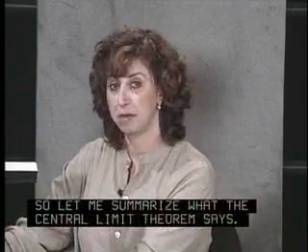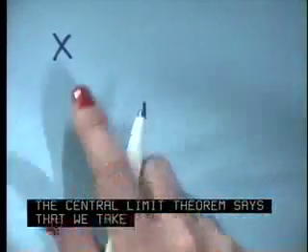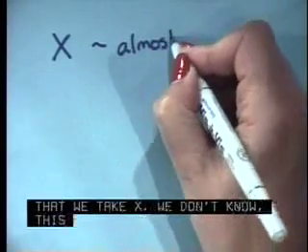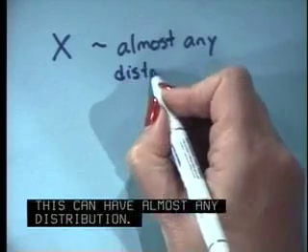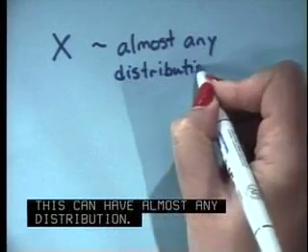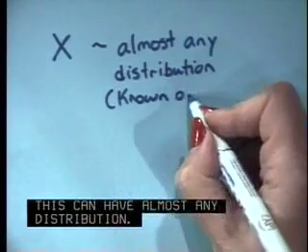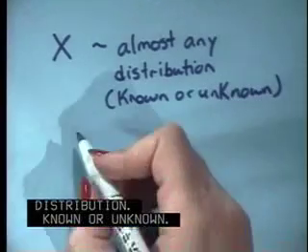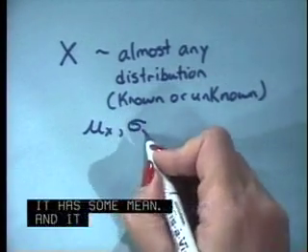The central limit theorem says that we take x, we don't know, this can have almost any distribution, known or unknown. There is some mean to x. It has some mean, and it has some standard deviation.